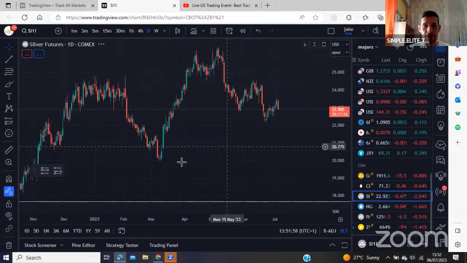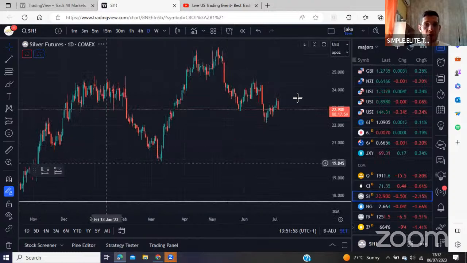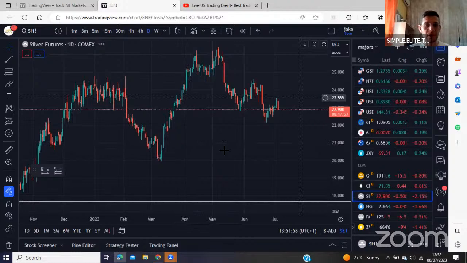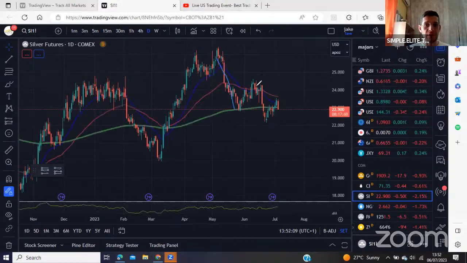Okay. So I like what the silver is doing now because it's building this downtrend. I want the price to come to this 22 area, where there is a trend line here.